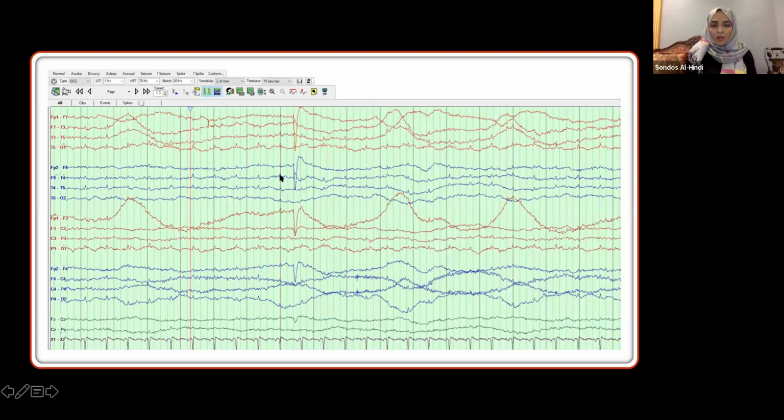This is just an electrode pop, probably. Some of the pages had it, and some of the artifacts were continuous, so I couldn't find a beautiful epoch. However, again, this patient has an isoelectric EEG.